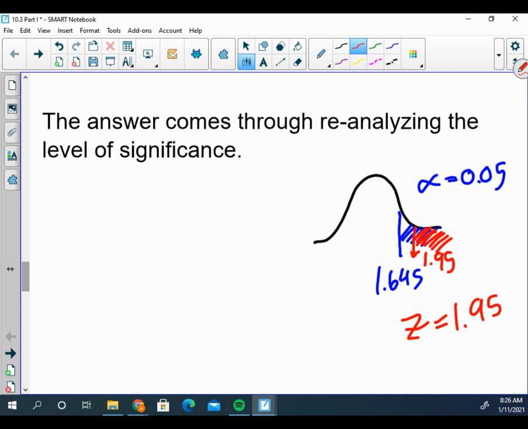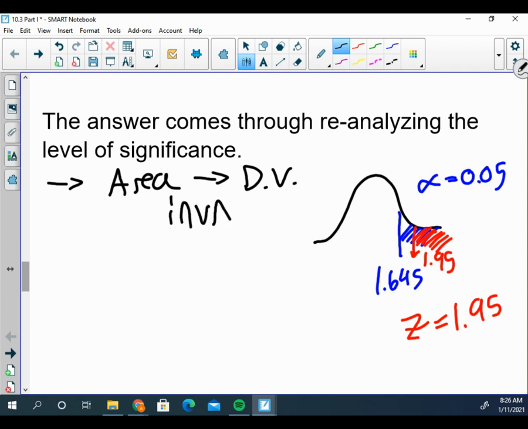How would I do this? Well, think about it. How do you find an area given a data value on a normal curve? What we've done so far is we've had an area and wanted to find a data value. When we have an area and we want to find a data value, we use inverse norm.